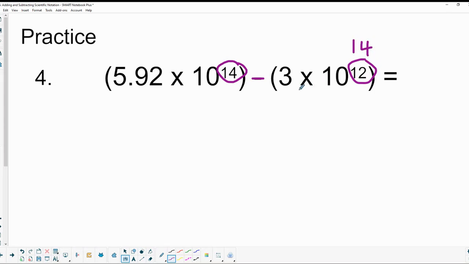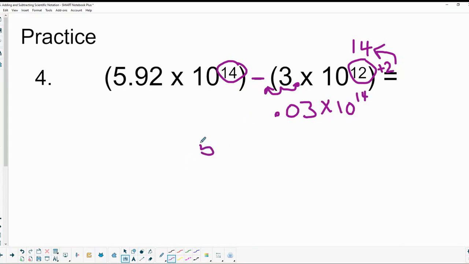In order to do that, we need to take the decimal right here and move it 2 places to the left so that we can bump that 12 up by 2 and then get our exponent of 14. So we're going to end up right here with 0.03 times 10 to the 14th. And now all we have to do is subtract.